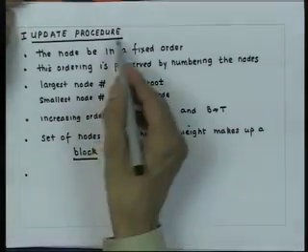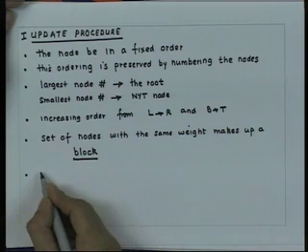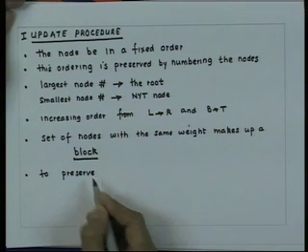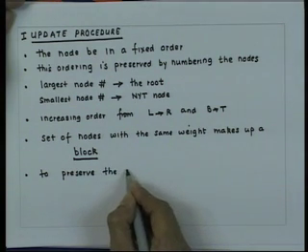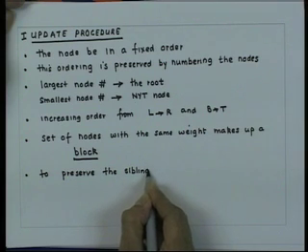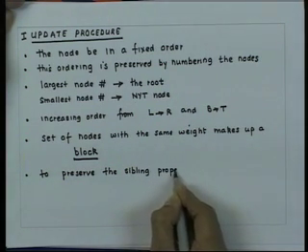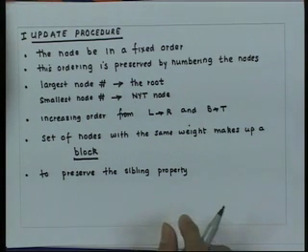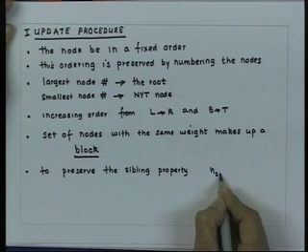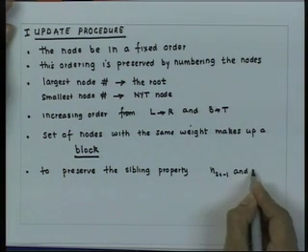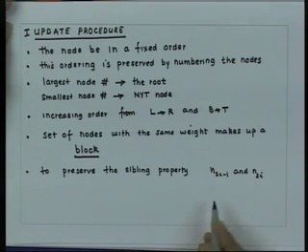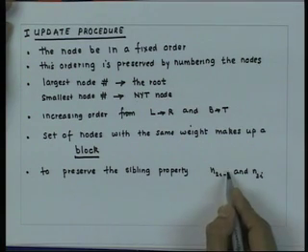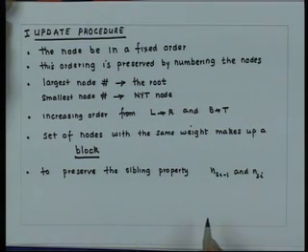The function of the update procedure is to preserve the sibling property which we discussed earlier, that is, the nodes numbered 2j minus 1 and 2j are offspring of the same parent node, and the node number of the parent node is always greater than the node numbers corresponding to its offspring.